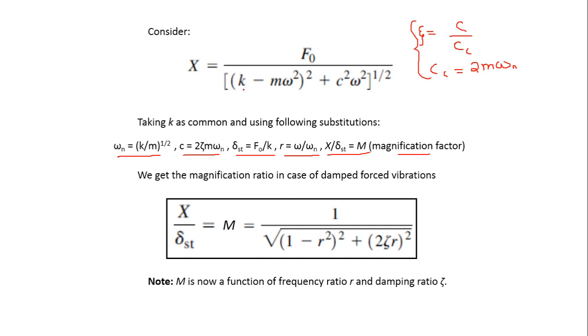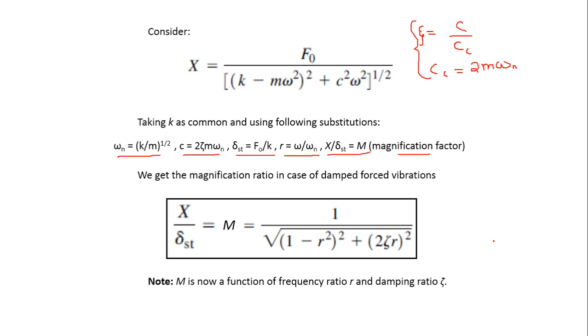So if we take this K common from the denominator, take it in the numerator, and then use these substitutions in the denominator, we are going to get the expression for magnification ratio or magnification factor in case of damped forced vibration as given in this boxed expression.